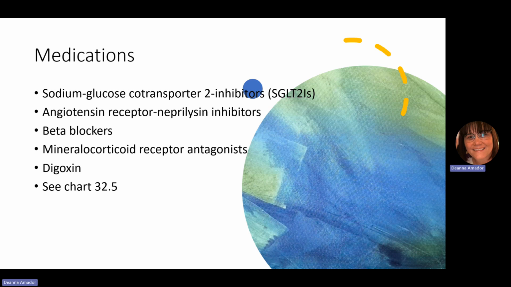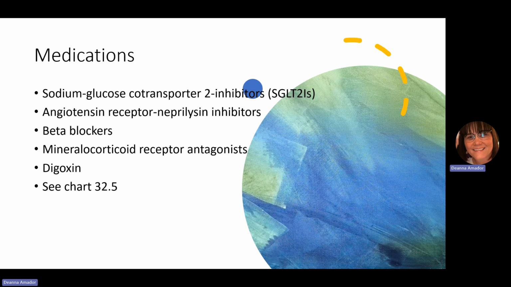When it talks about mineralocorticoid receptor antagonist, that's just a fancy name for spironolactone. If you remember, spironolactone blocks aldosterone. We just got done with our endocrine chapter. Remember, we said mineralocorticoids, that is our aldosterone.